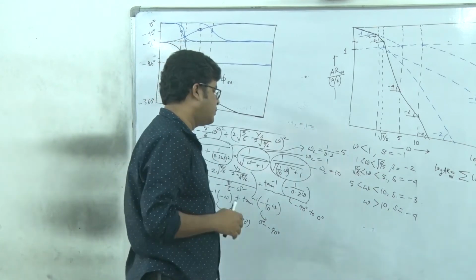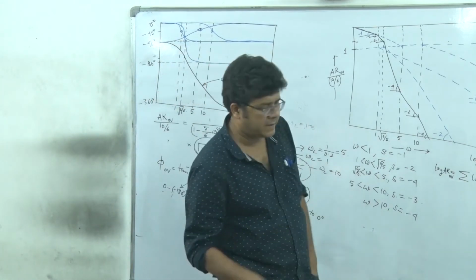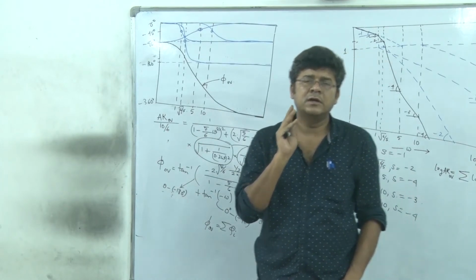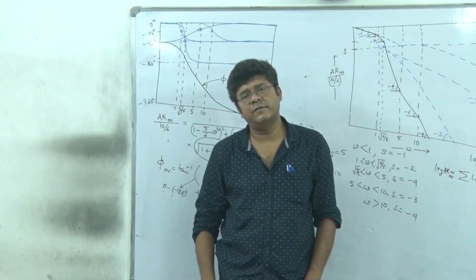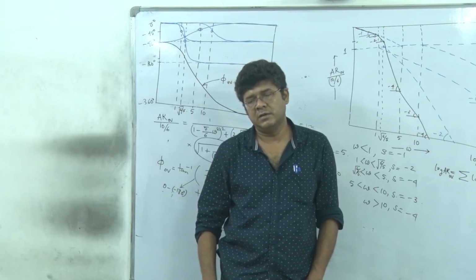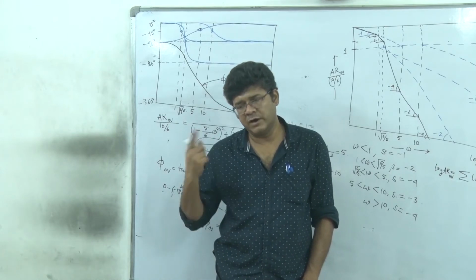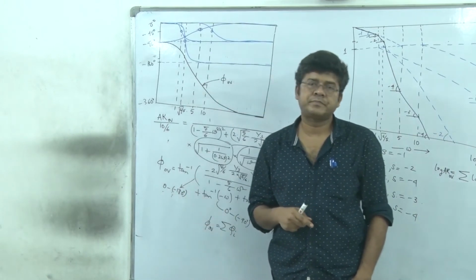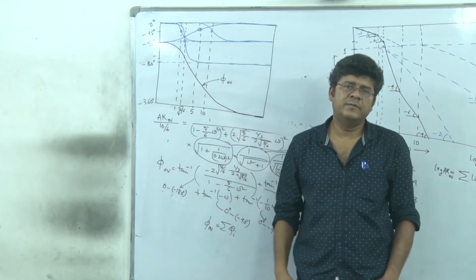And what is the Nyquist plot? The Nyquist plot simply gives you the locus of G(j omega), the modulus of which is the amplitude ratio and the argument of which is the phase shift.